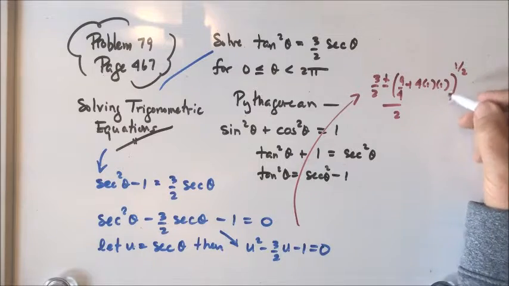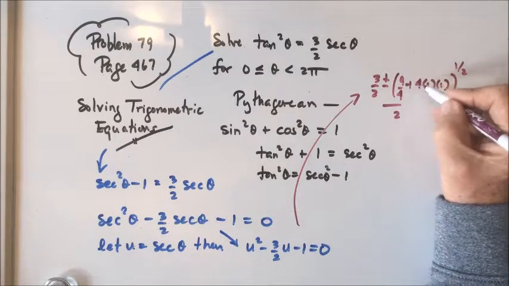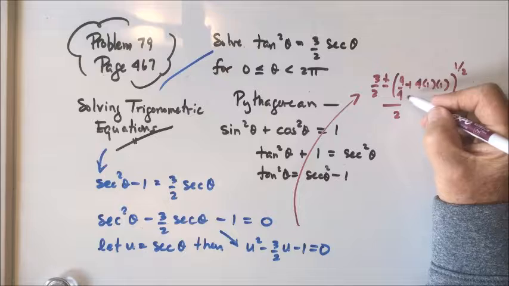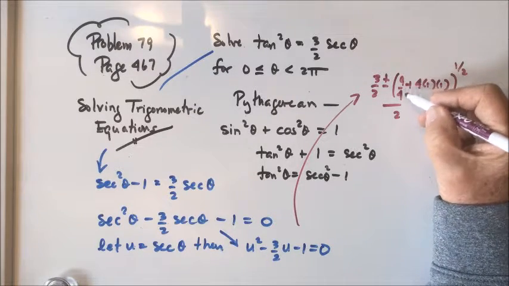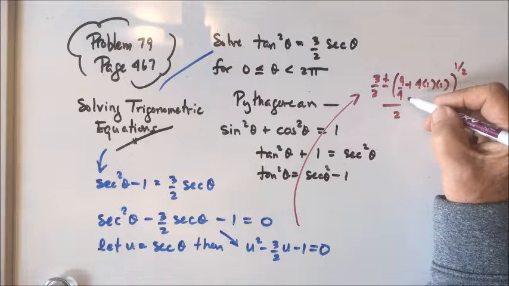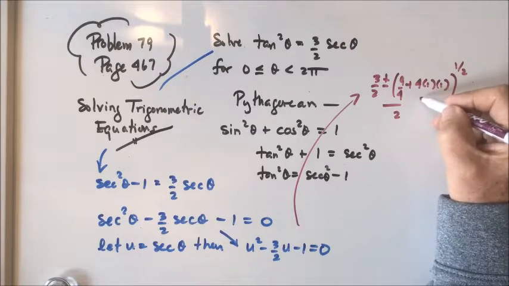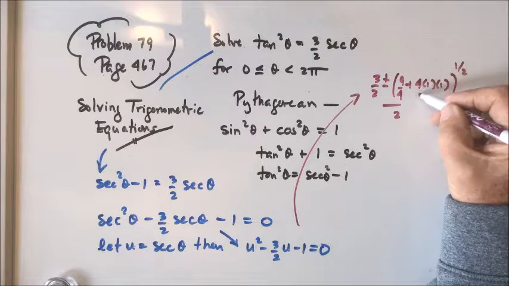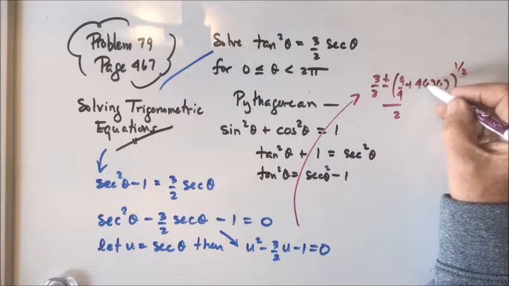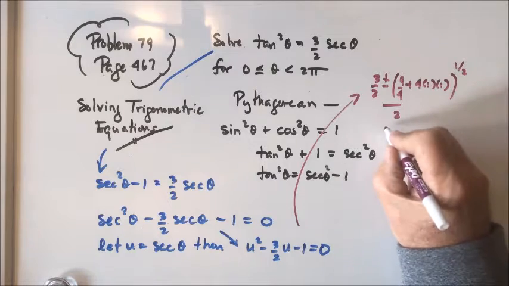This says 9/4 plus 4. Let's make this 16/4. So I've got 9/4 plus 16/4 is 25/4.